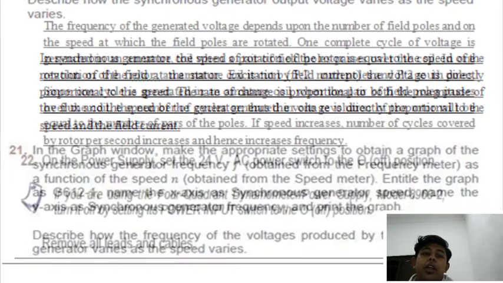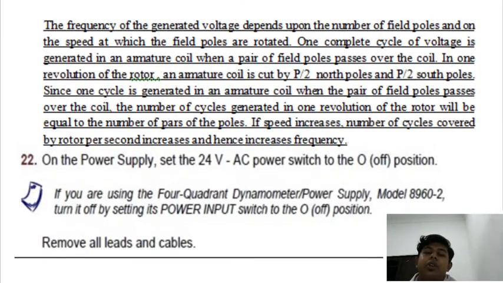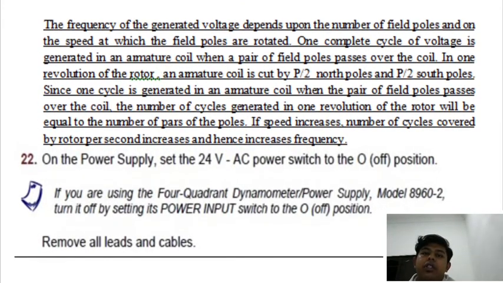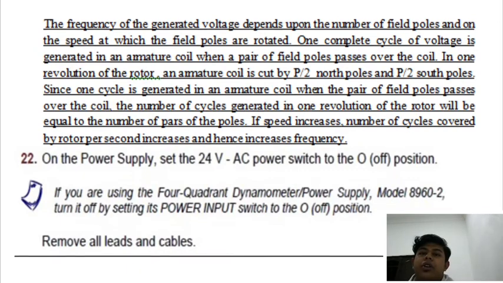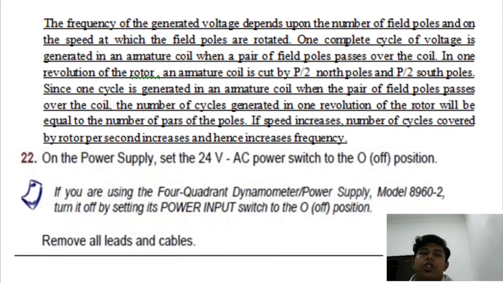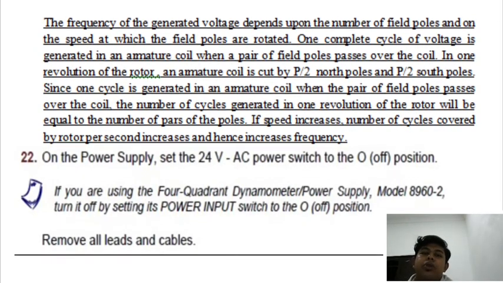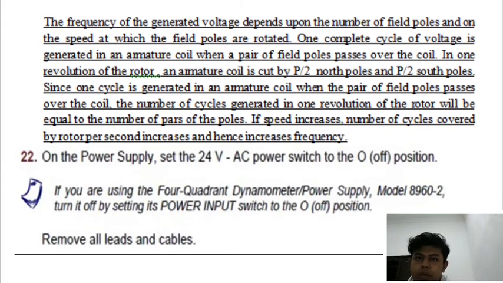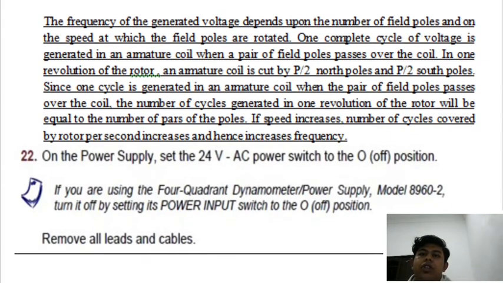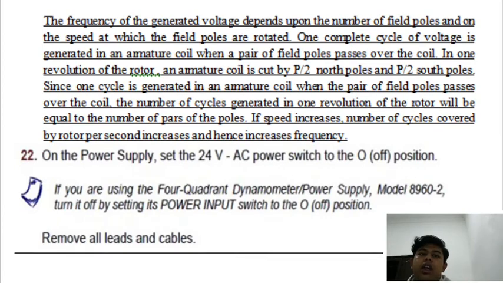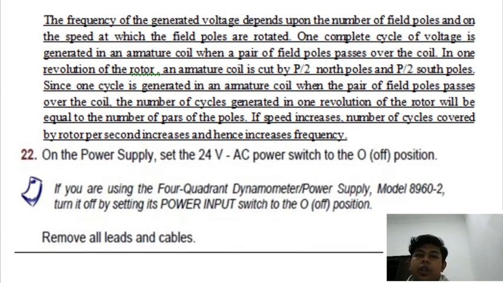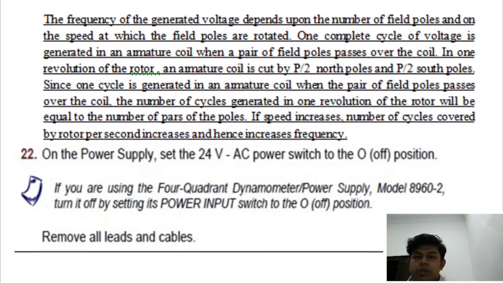Okay, the frequency of the generator voltage depends upon the number of field poles and on the speed at which the field poles are rotated. One complete cycle of voltage is generated in an armature coil when a pair of field poles passes over the coil.